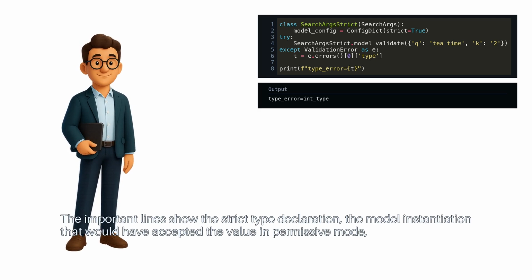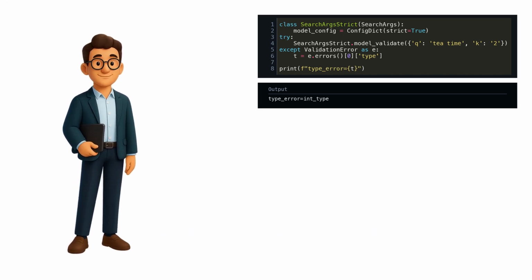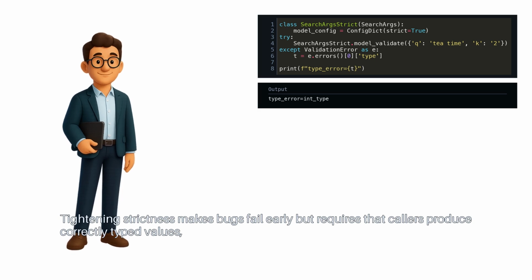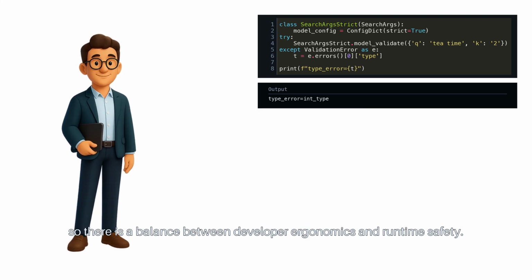The important lines show the strict type declaration, the model instantiation that would have accepted the value in permissive mode, and the validation error that now appears. Tightening strictness makes bugs fail early, but requires that callers produce correctly typed values. So there is a balance between developer ergonomics and runtime safety.